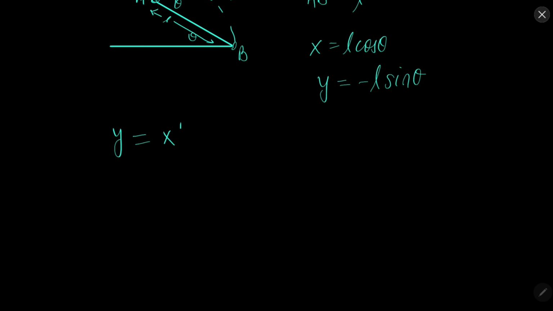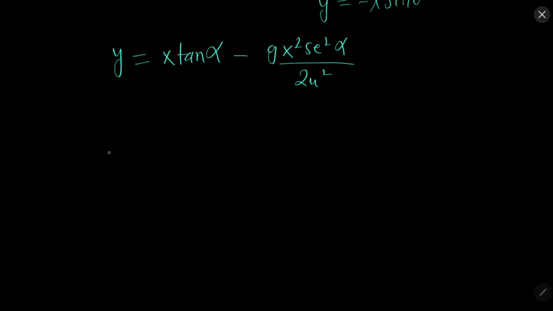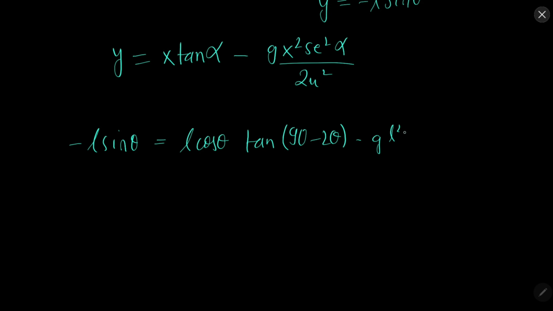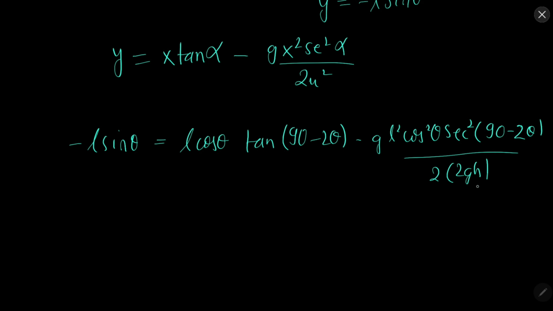So we know by the equation of trajectory, this will be the scenario. So minus L sin theta equals L cos theta tan of 90 minus 2 theta, alpha is 90 minus 2 theta, minus g L square cos square theta sec square of 90 minus 2 theta over 2 into 2gh.